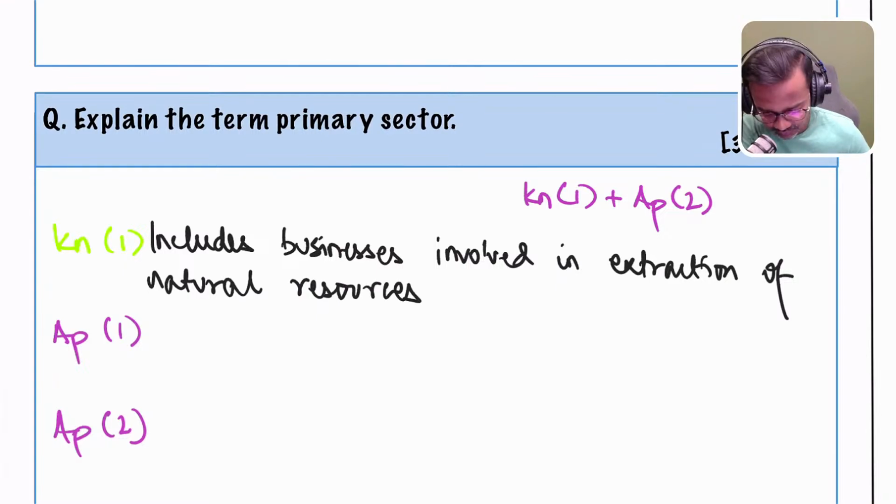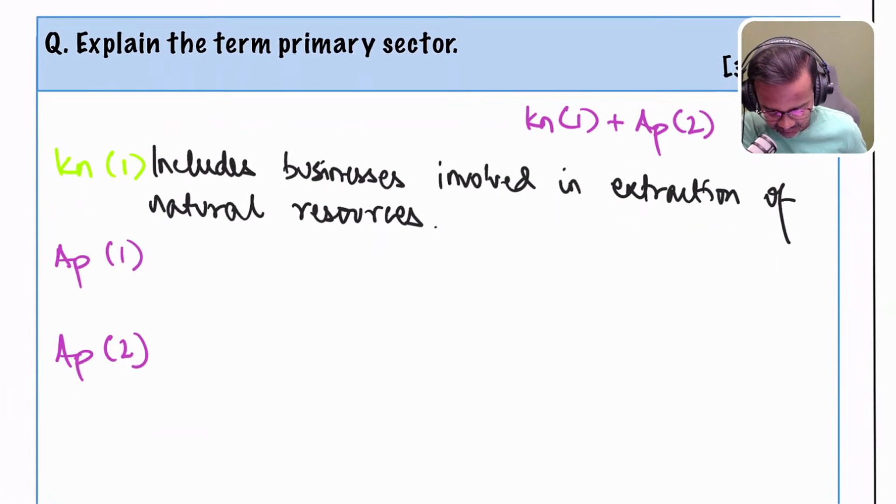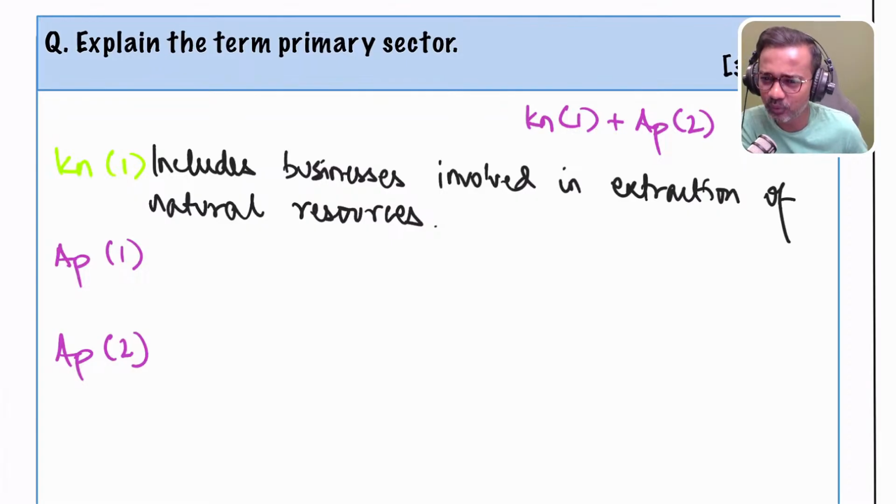In its simplest form, that's what this is. Okay. Then the next 2 layers, I have to explain how this works. What is it that they do? I know they get natural resources, but how does that fit in a business context? Right? Remember, your application is the business context.